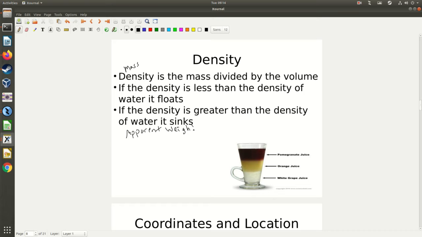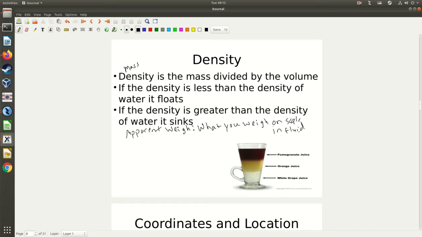And basically, the apparent weight is what you would weigh on a scale in that fluid. The less dense your liquid or fluid is, the higher your apparent weight.